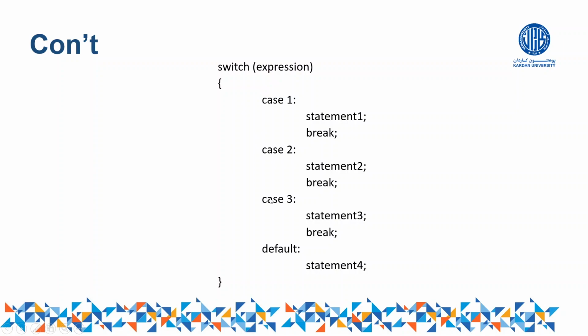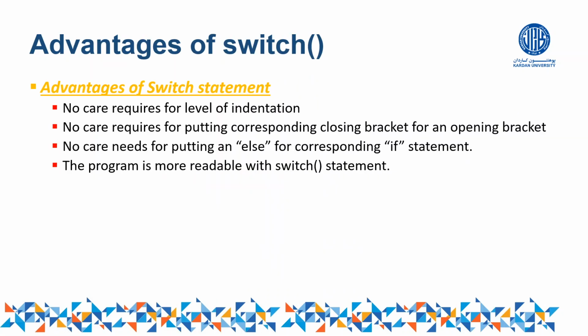If case 3 is matched with the expression, then statement 3 will be printed, and the break statement will take the control out of the body of the switch statement. This is the body of the switch statement. Or the default statement: if none of these cases is matched with this expression, then obviously the default statement will be executed, and let's suppose statement 4 is executed.